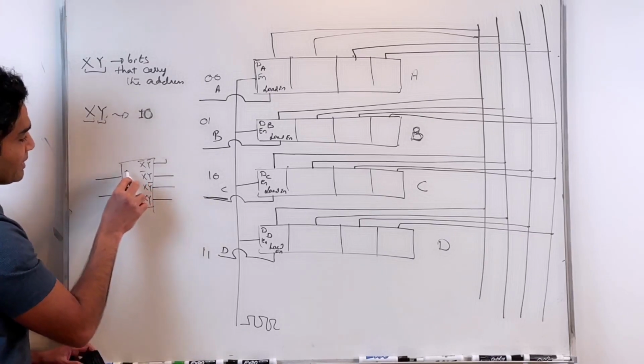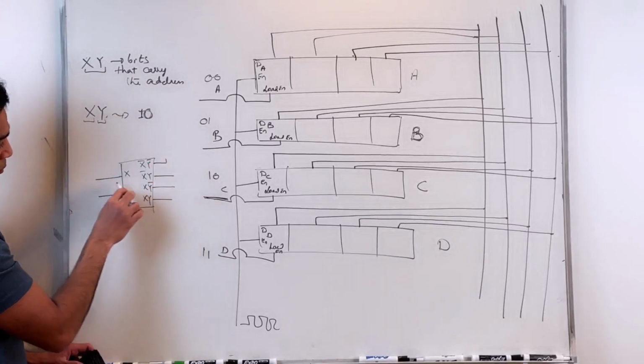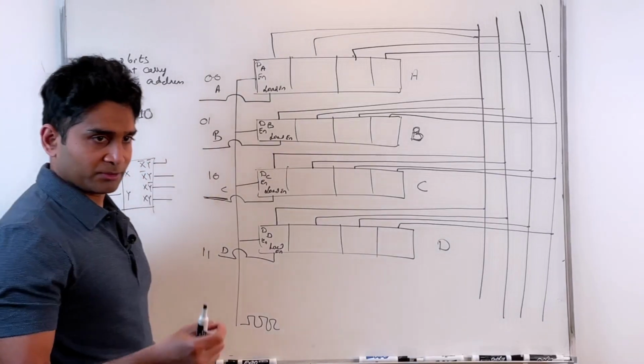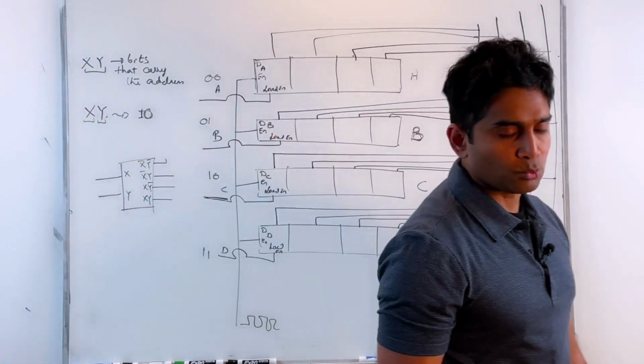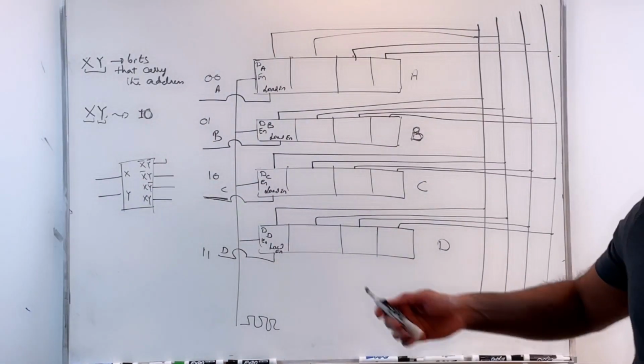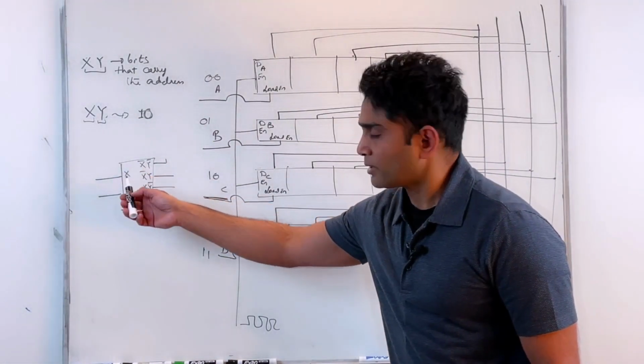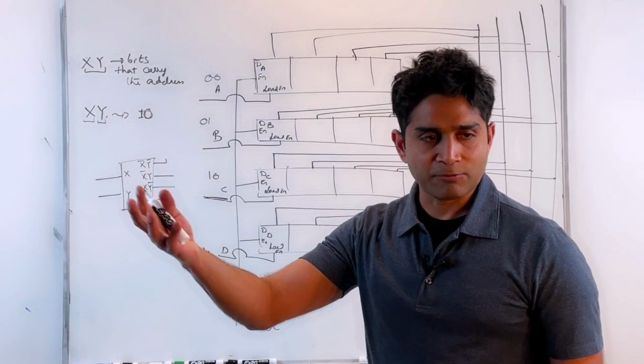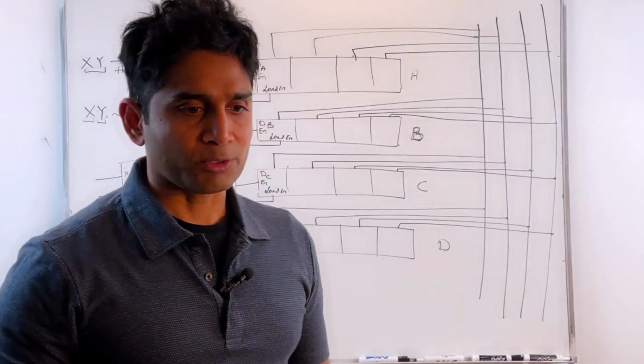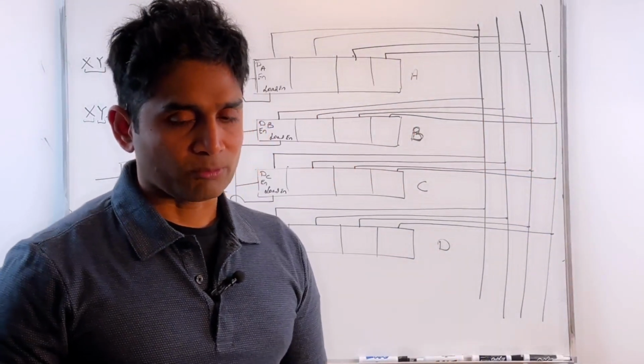In other words, it's taking these values and giving out the min terms corresponding to those two input values, right? So these are nothing but the min terms. If I have 2 bits, I have 4 min terms corresponding to that, right? 2 input bits, 4 min terms.